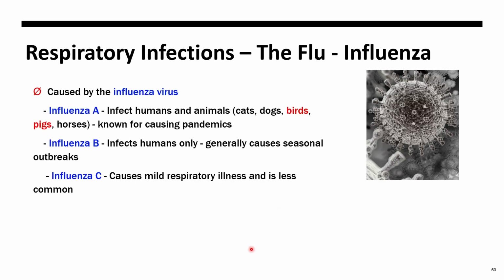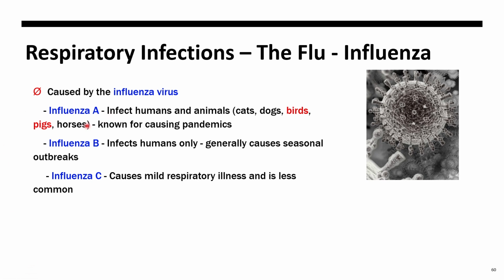So, let us move on to each of these diseases. One of the main CDs includes respiratory infections like the flu. It is very famous in Thailand, the flu season. The flu is usually caused by an influenza virus.